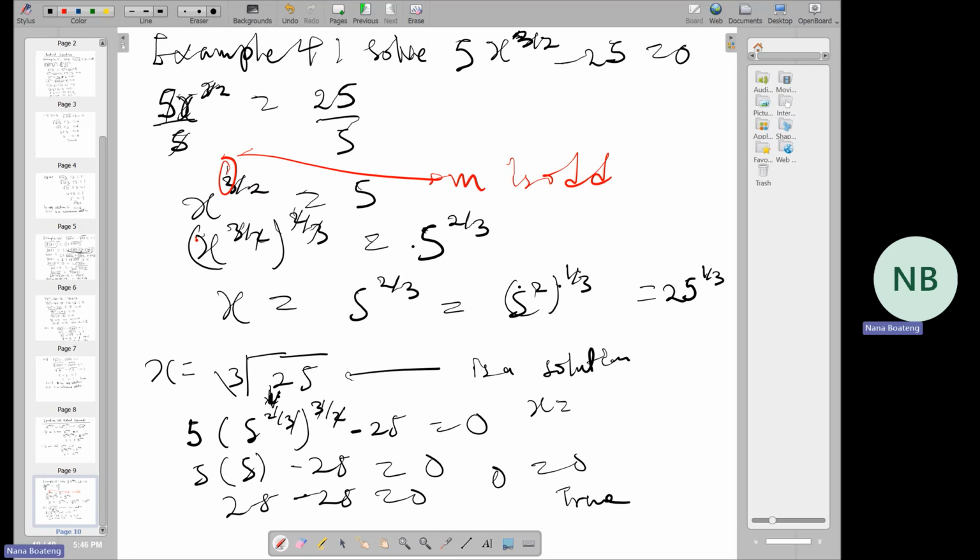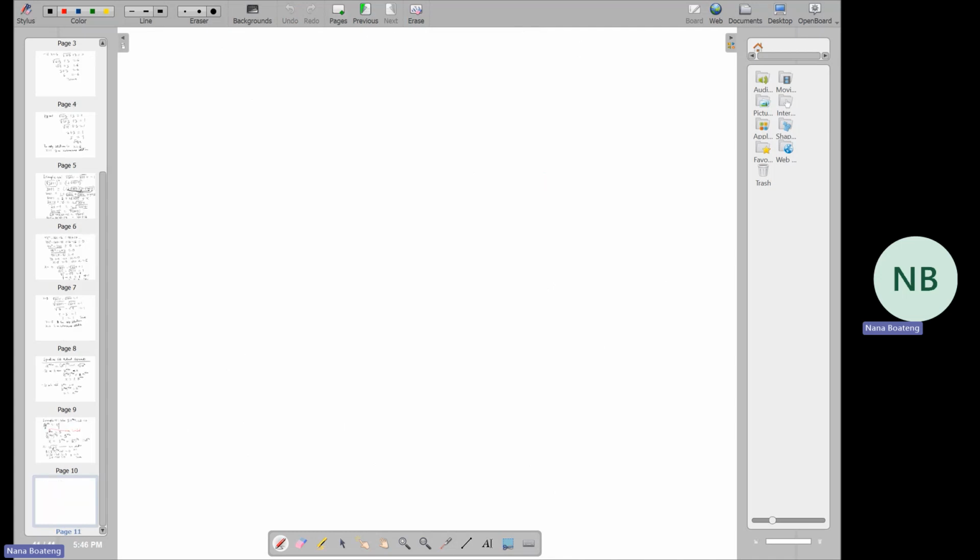All right, so let's look at an example where the power m is odd. So let's look at another example, let's call it example 4b. So we have to solve x minus 1 power 2/3 is equal to 64.